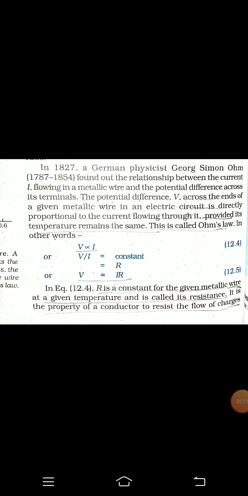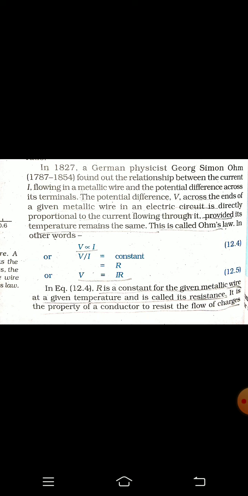The potential difference V across the ends of a given metallic wire in an electric circuit is directly proportional to the current flowing through it, provided its temperature remains the same. This is called Ohm's law. This is the statement of Ohm's law, which you all need to remember very well.